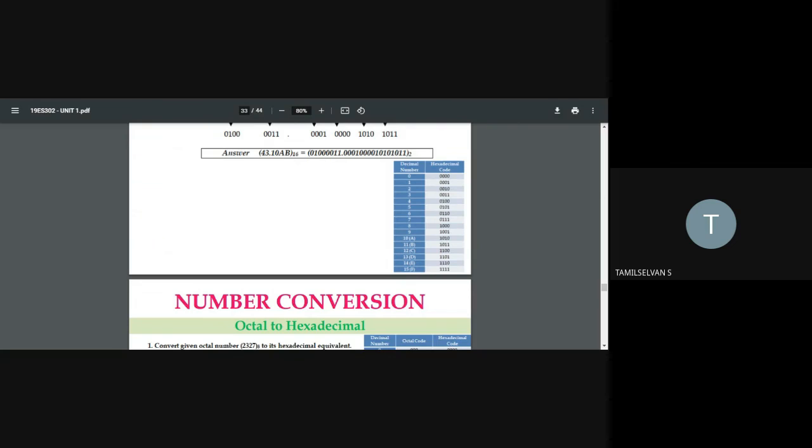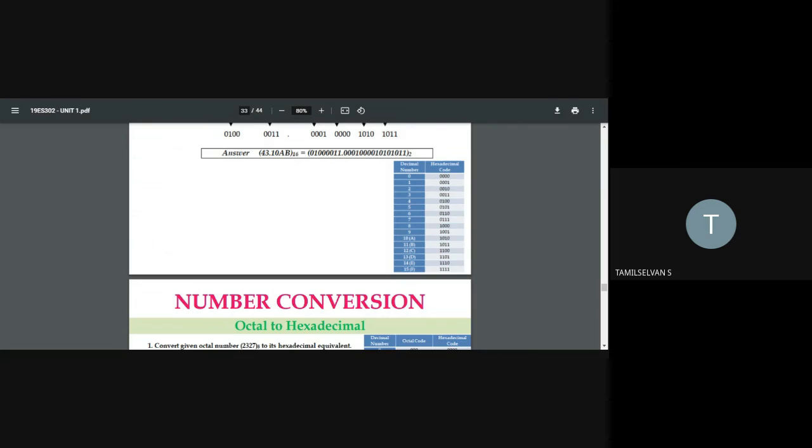The last number system conversion is octal to hexadecimal. Octal to hexadecimal is an indirect methodology, because the octal value is converted into binary first, and then that binary value is converted into hexadecimal.